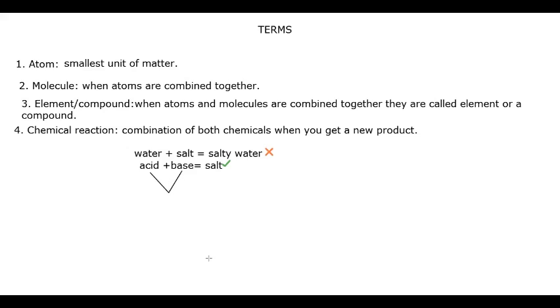They're used to make the product, so they will be called reactants. Whereas salt is going to be called the product. So you understand the meaning between reactant and product.